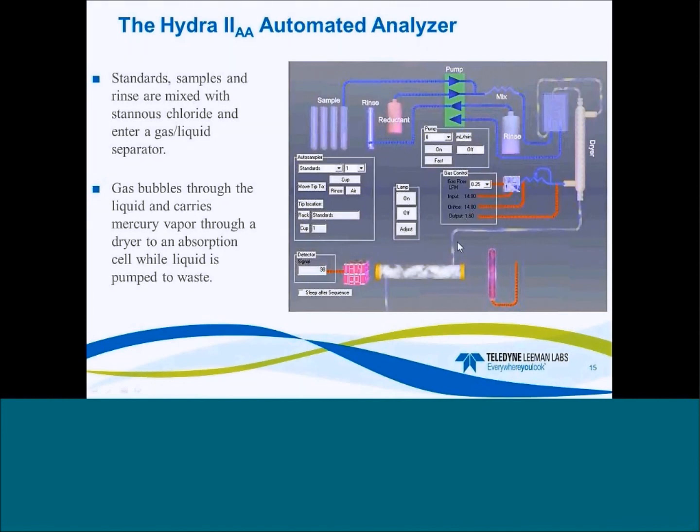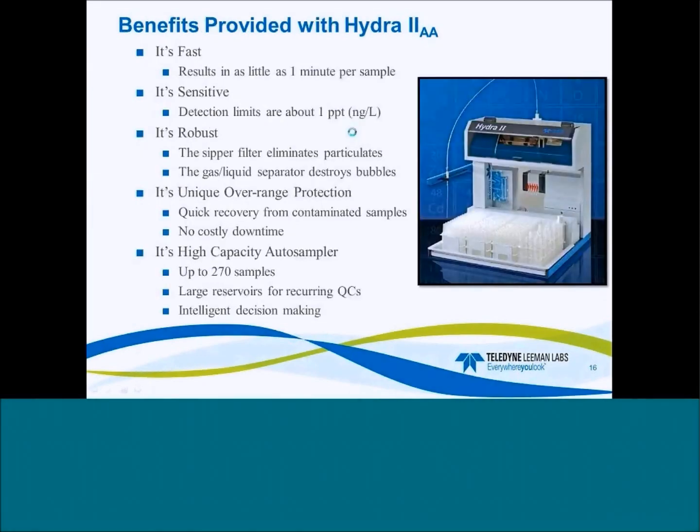Today, there are some other options available where the sample and the reductant will actually be added to sample tubes, and that can eliminate the pump. That is an option for direct purging from the sample cup, and it is available in several cases.